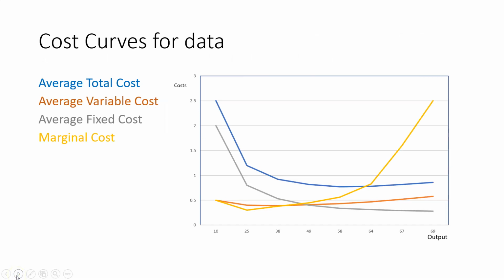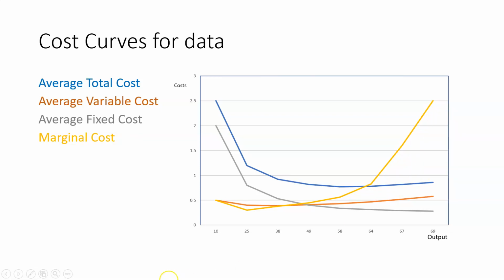All right. Hopefully you paused the slide and you drew your curves. Now you're going to get something that looks like this. This is slightly off as far as the graphs are concerned, especially here for your average total cost. If we had more data, this average total cost curve would start to go up.